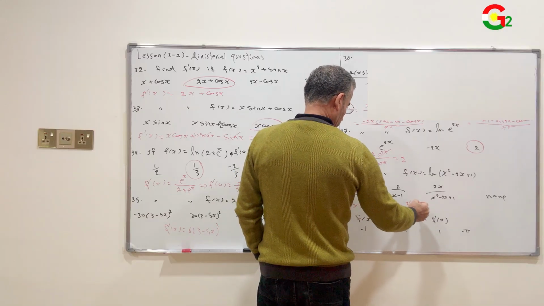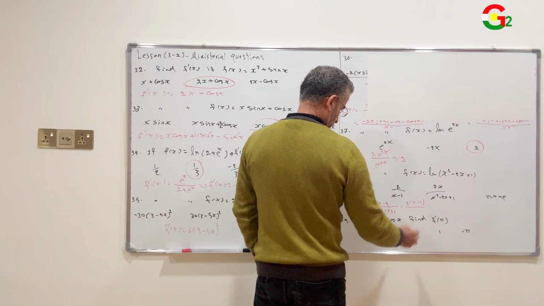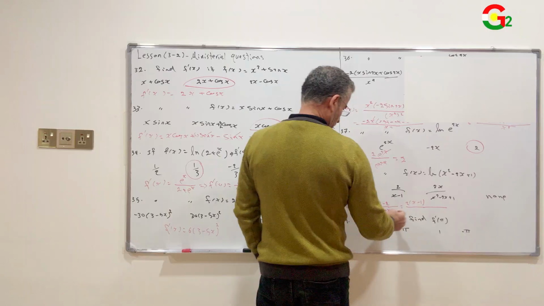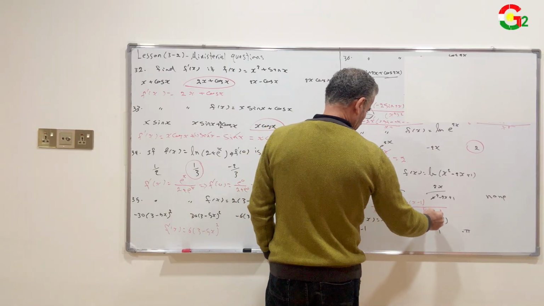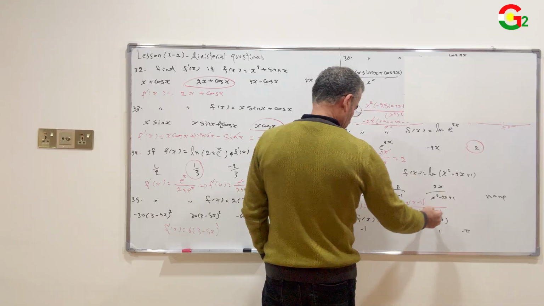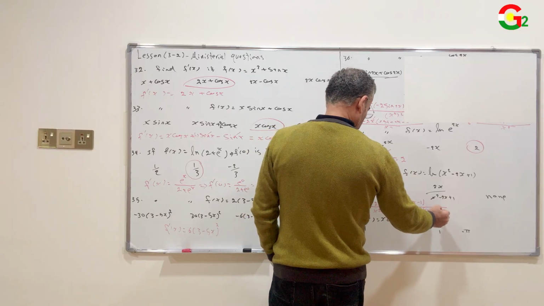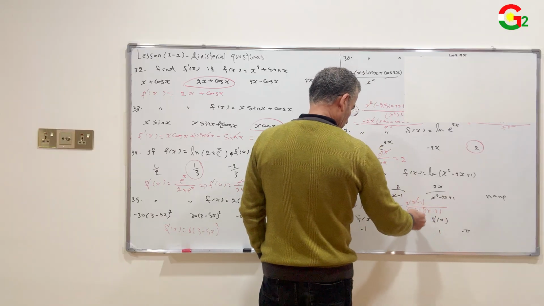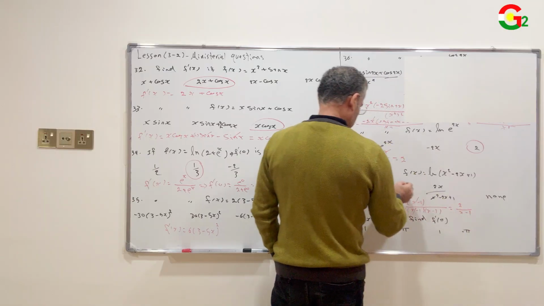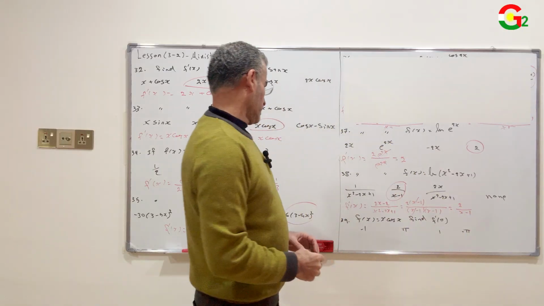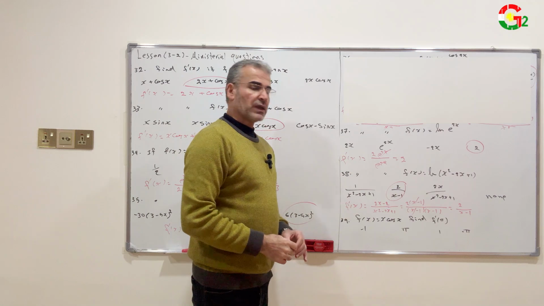Simplify by factoring: 2 times (x minus 1) over (x minus 1) squared. Then the result is 2 over x minus 1. Choice B. Question number 39.